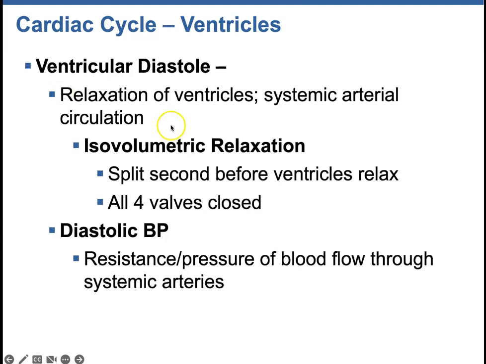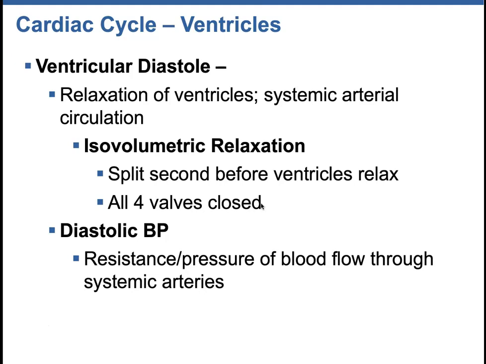Then the ventricles are going to repolarize. So when the ventricles repolarize, they go into diastole, but right before they relax, there's that one little split second that's called isovolumetric relaxation. So again, think of this as iso ready to relax. So this is that little phase right before the ventricles are going to relax, where again, all 4 valves are closed.